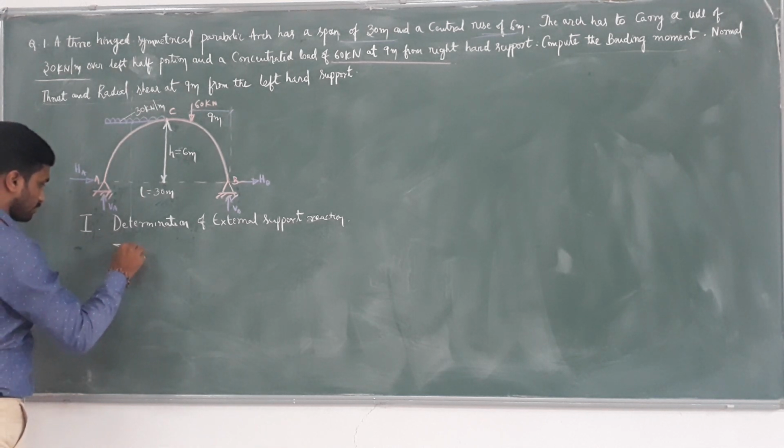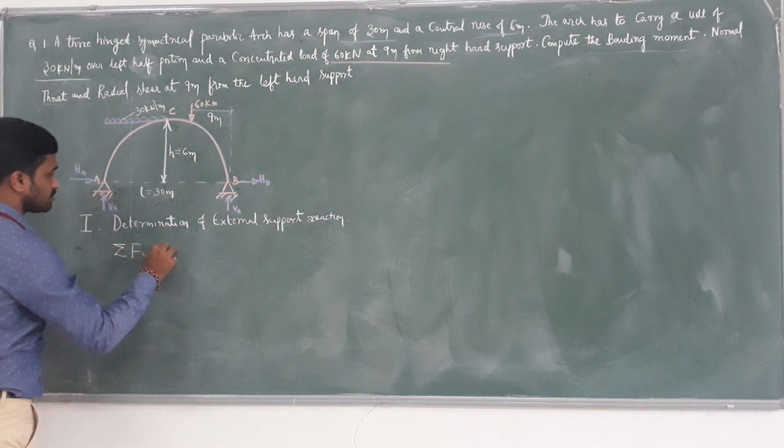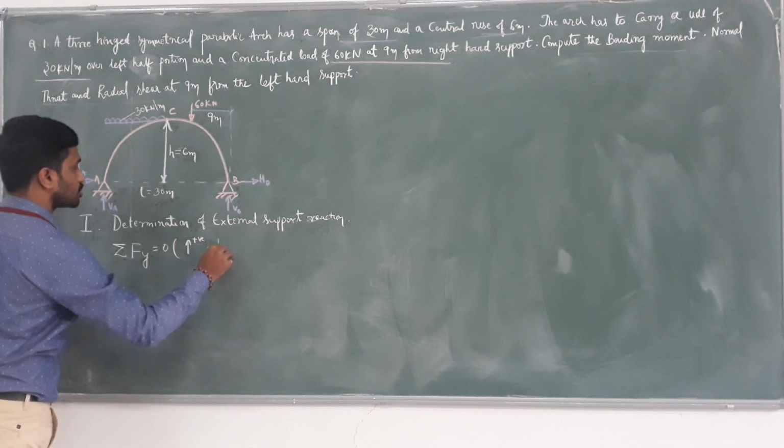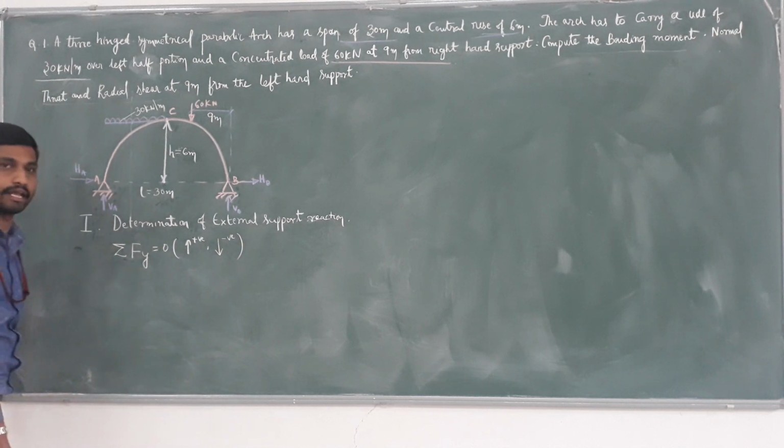What are the equations of statics? Sigma Fy equals 0. The general sign convention is that all upward forces are positive and downward forces are negative.